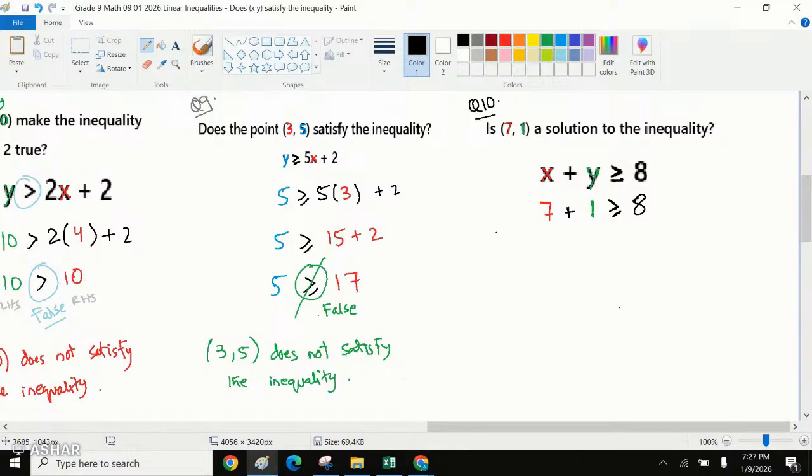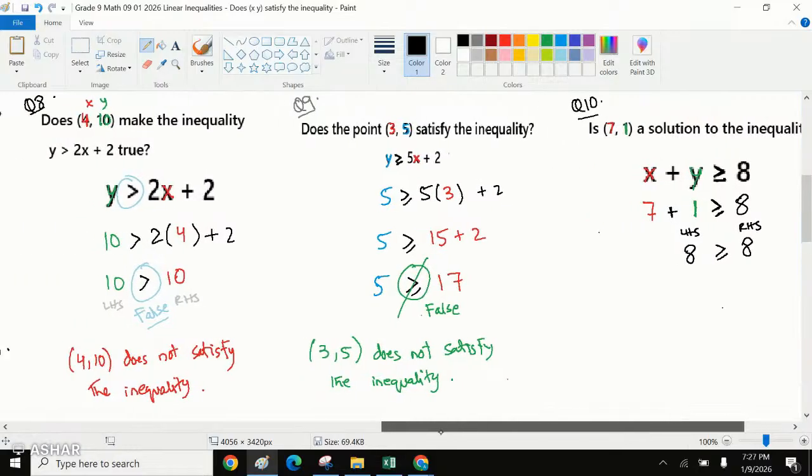It can be either greater or equal because we have an equal sign also, right? So can we say 8 on the left hand side should be greater than or equal to 8 on the right hand side, right? 8 cannot be greater, right?